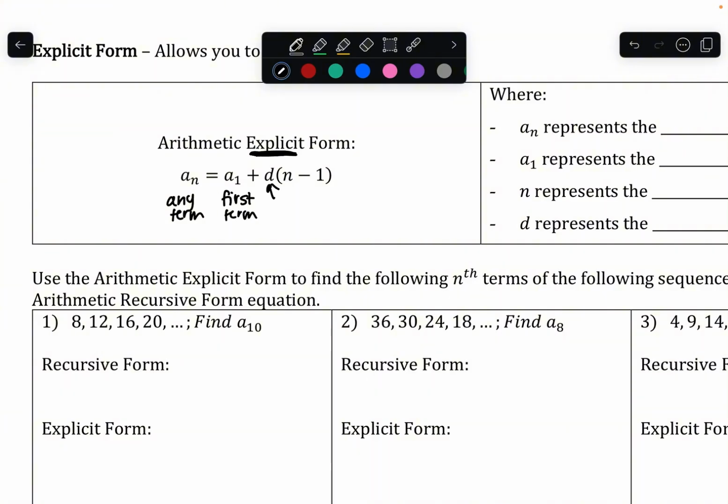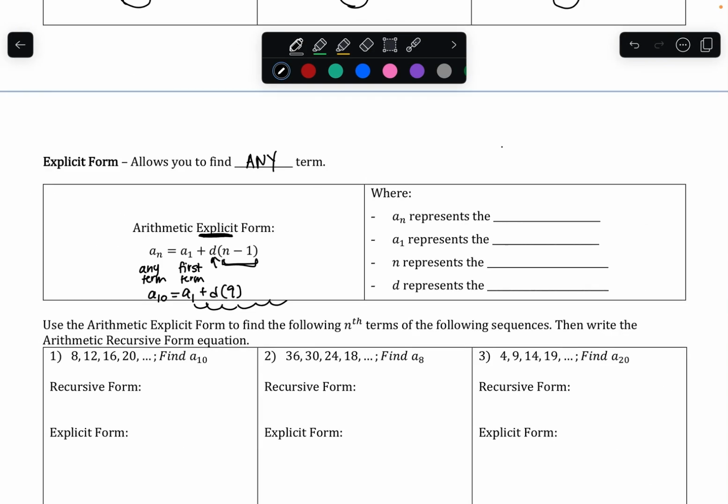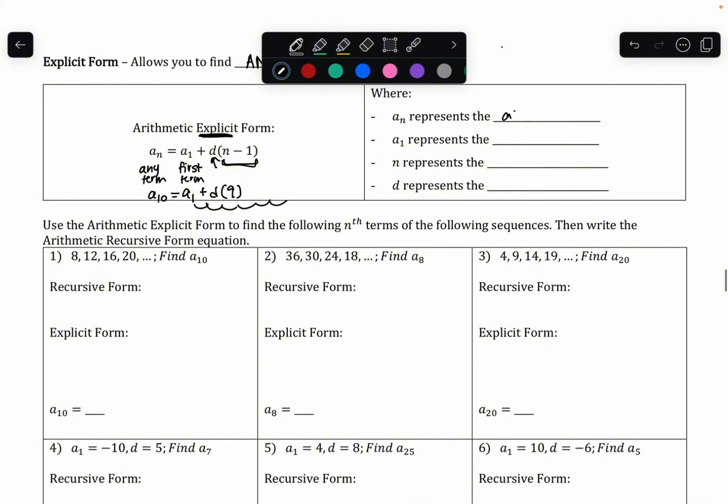and adding D n minus 1 more times. So for example, if I want the 10th term, I would take the first term and add D 9 more times. Because think about it, we're trying to get to the 10th spot, so we would just keep adding that D value. So remember, A sub n still represents any term.